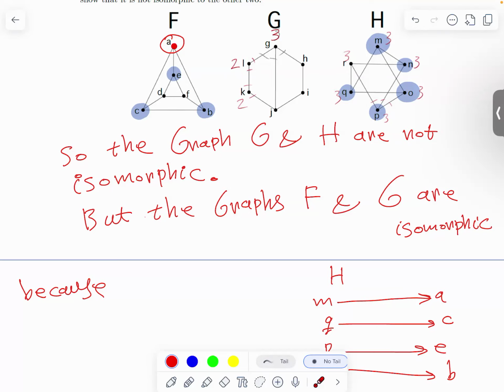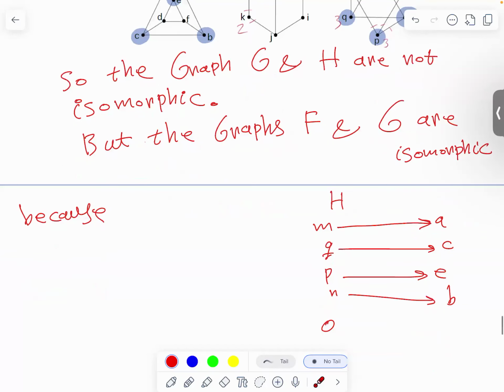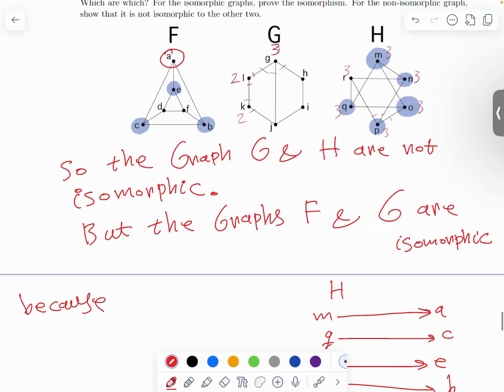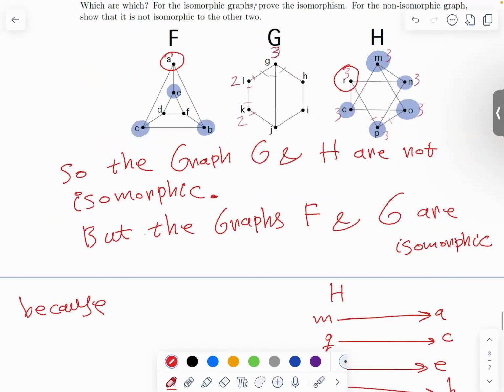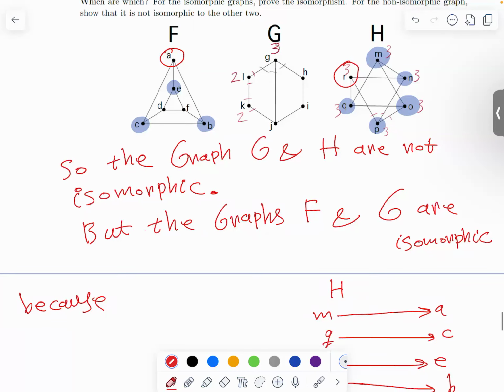Okay, so this one is chosen. I'm going to choose this F. So I will use R here, and it's related to Q. So Q is related to C, and C is here, and I will choose D.